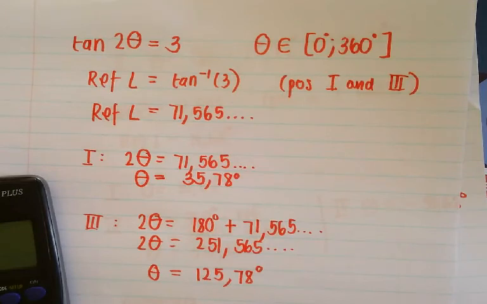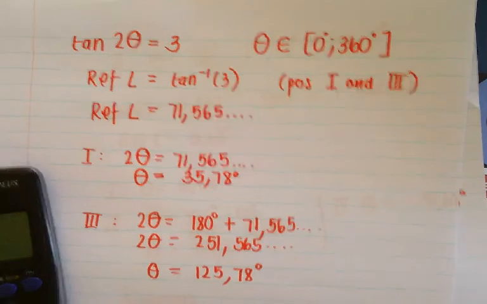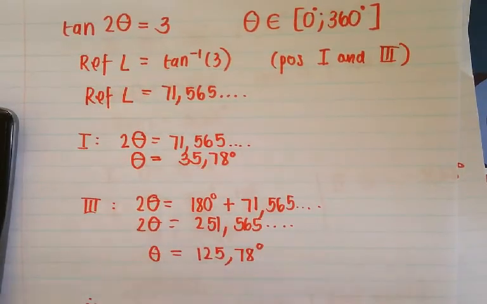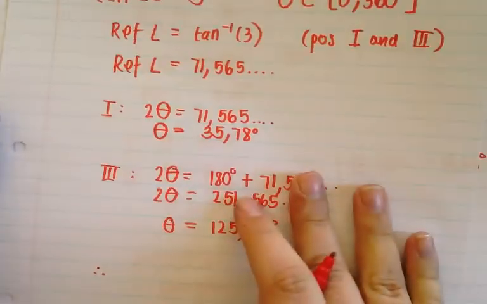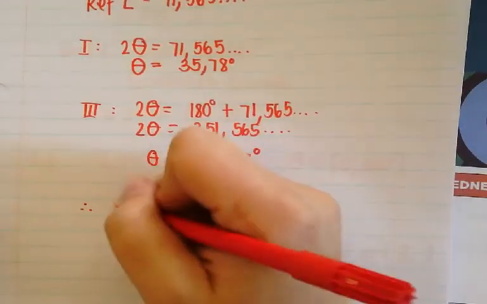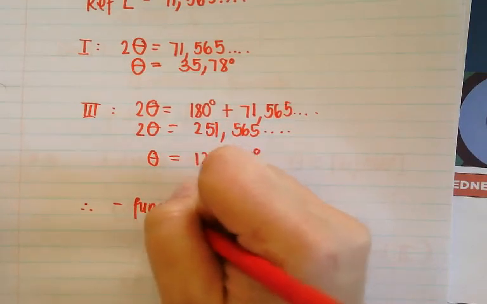So what have we done here that's different to what we did before? We kept the stuff by the theta isolated. So therefore, we're still looking at whether the function is positive or negative.